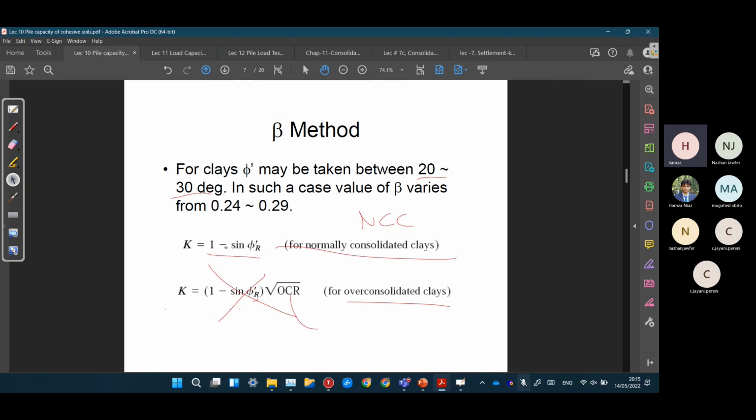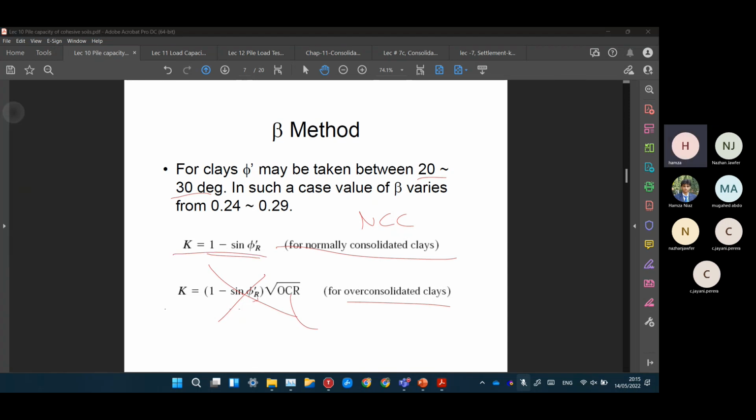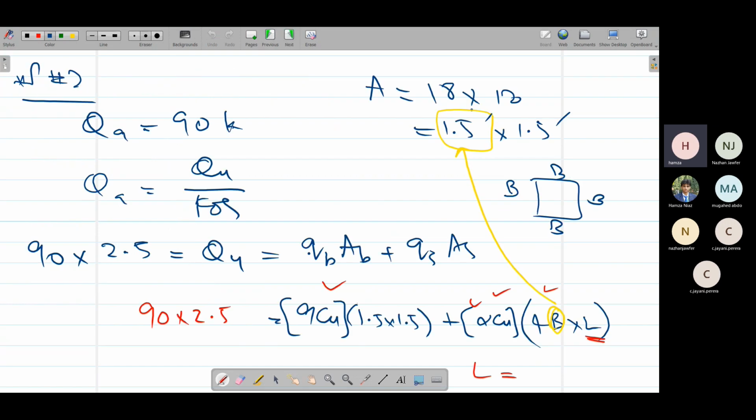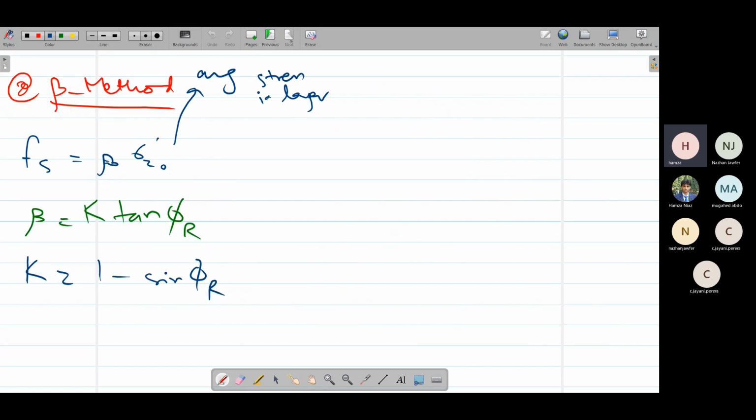Otherwise, use the above one. So first calculate K, then calculate beta, then calculate Fs for that layer. After getting the Fs for that layer, simply use the formulas before to calculate Qu and Qb allowable.